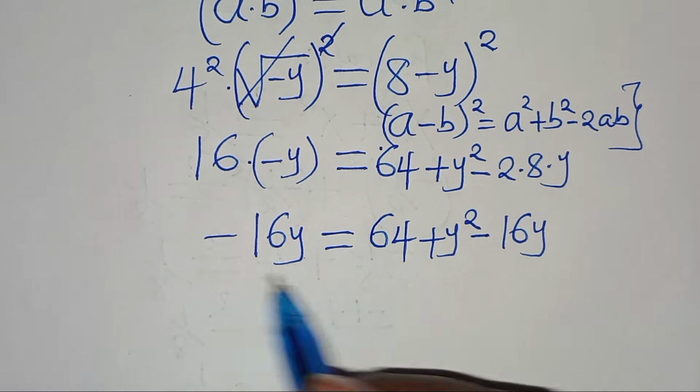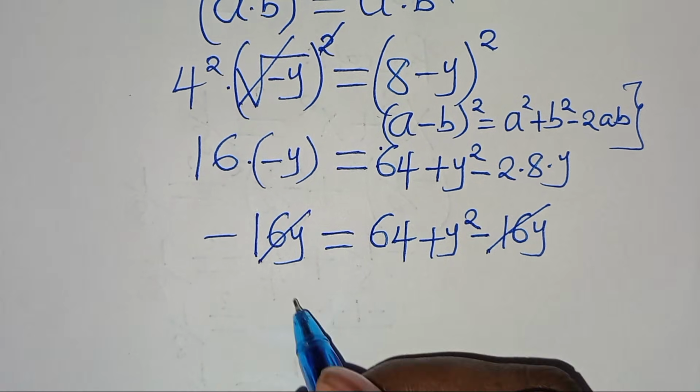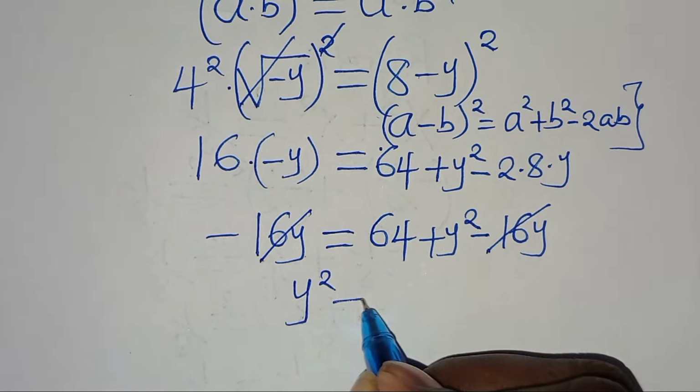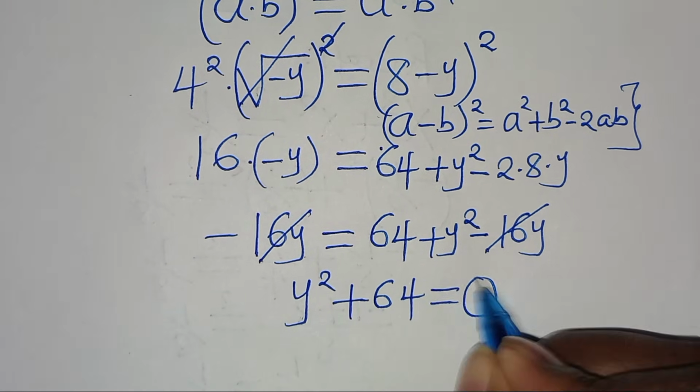So minus 16y on both sides cancels, and we have y squared plus 64 equal to 0.